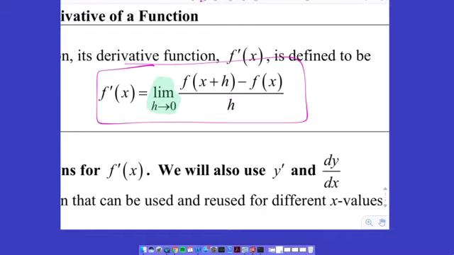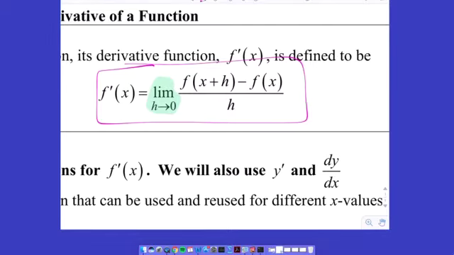And here's what it says. If f is some function, then its derivative, which we call f prime of x, is called the derivative function of f. It's defined to be the limit as h goes to 0 of f of x plus h minus f of x all over h. Remember, this piece here is nothing more than your difference quotient.